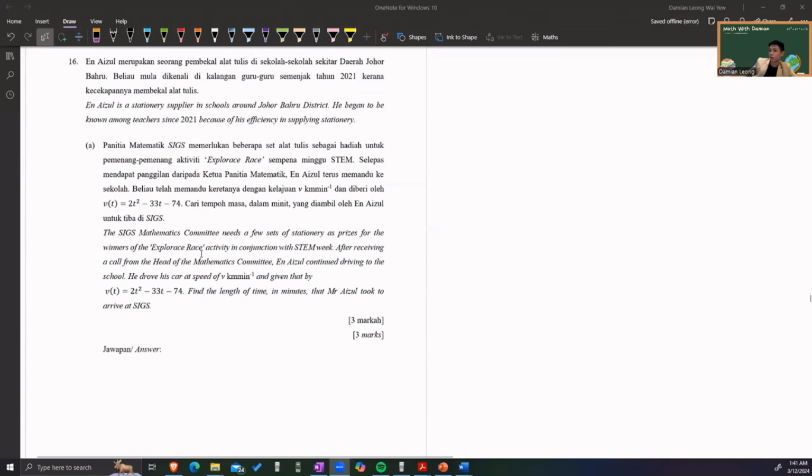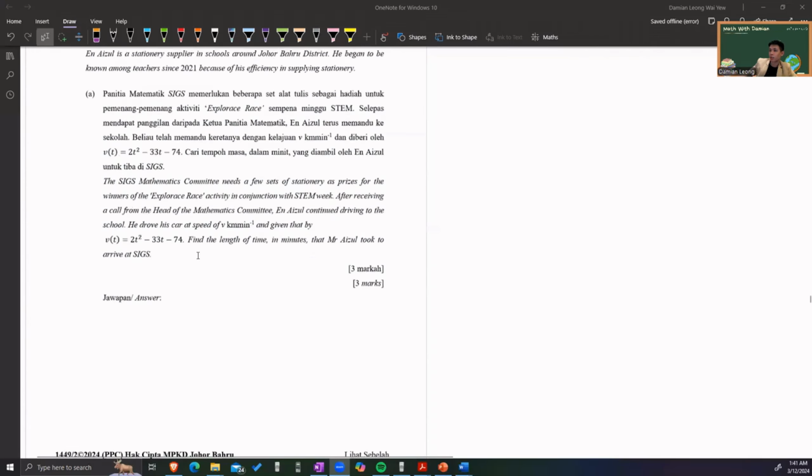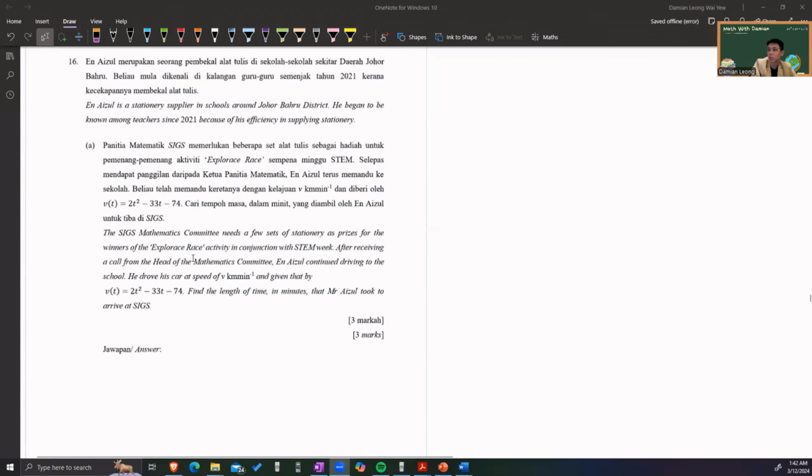After receiving a call from the headmaster of the Mathematics Committee, Encik Aizul continued driving to school. He drove his car at the speed of V km per minute, and given that V is 2t squared minus 33t minus 74, find the length of time in minutes that Mr. Aizul took to arrive at 6. So this is the speed.